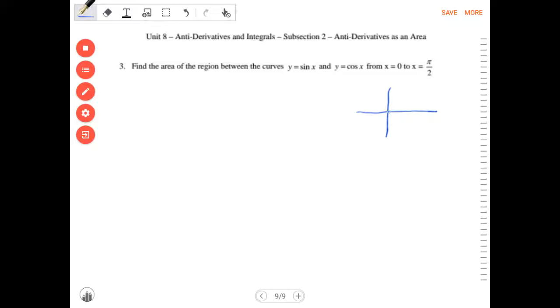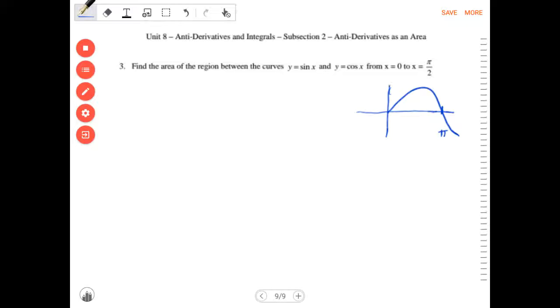Remember, sine x looks like this. Okay, starting at 0, 0 and going forward. So then this guy here, that is at pi.